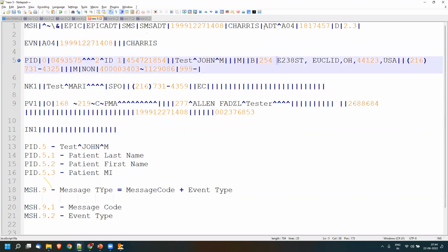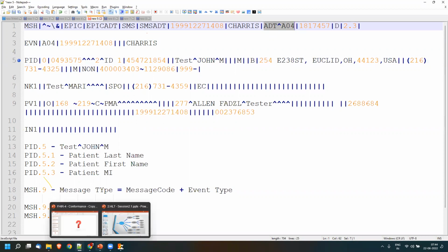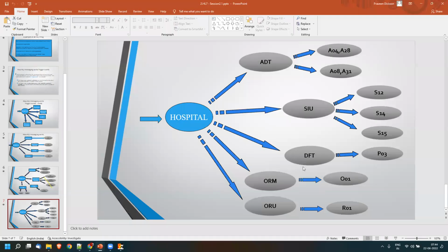Okay. So this is kind of name of the book. It will tell you what is the HL7 message structure all about. Okay. So these are the various message codes and event types that we'll be dealing with.